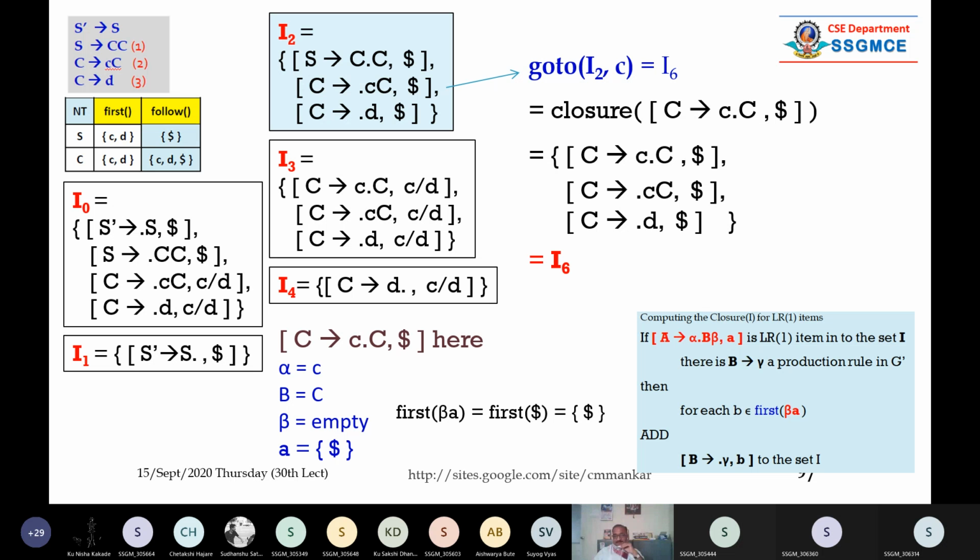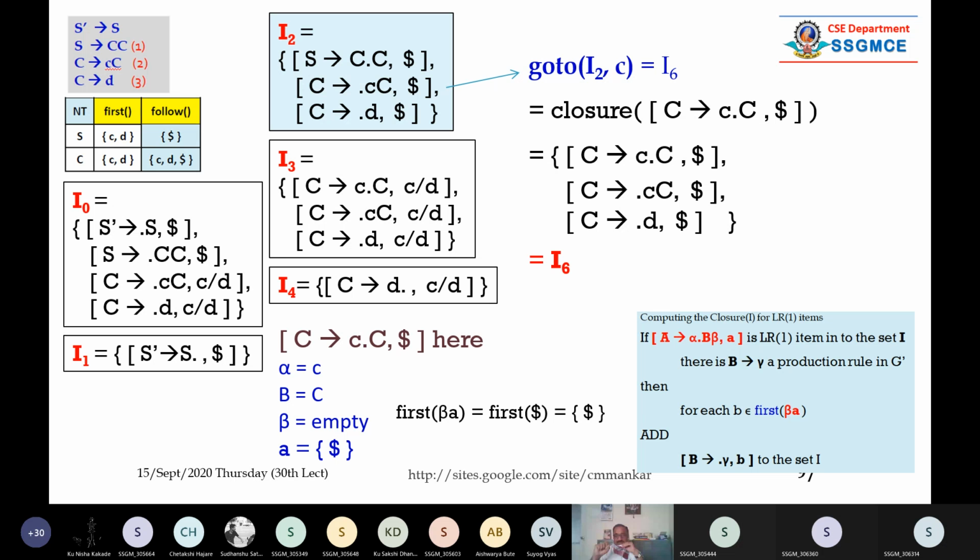So please note this thing. For example, if you study the I0 set, you will find that the first two production rules contain dollar as a lookahead, and the second two production rules contain C or D, like this. So every time you add a production rule, you have to compute the lookahead item as per the algorithm.